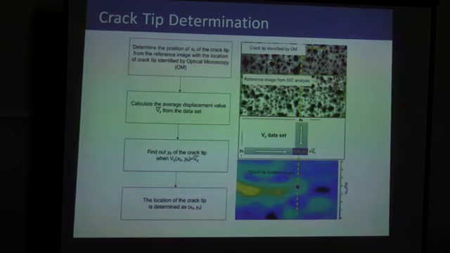This is the DIC image, and we need to know where the crack tip is on the DIC image. Essentially, the method is to average the Y displacement over the whole image. Because there's no load, that average Y ought to approach 0, and that Y value would be indicative of the crack tip position in Y.